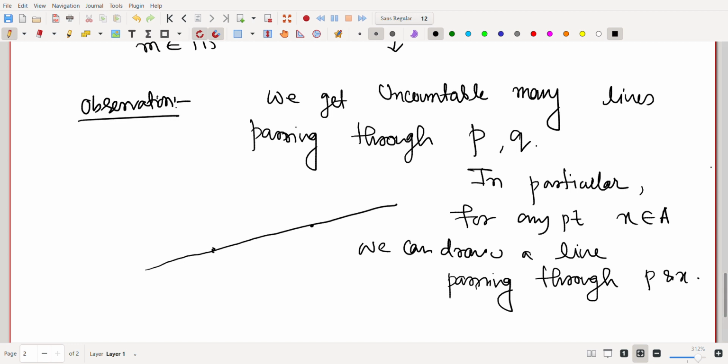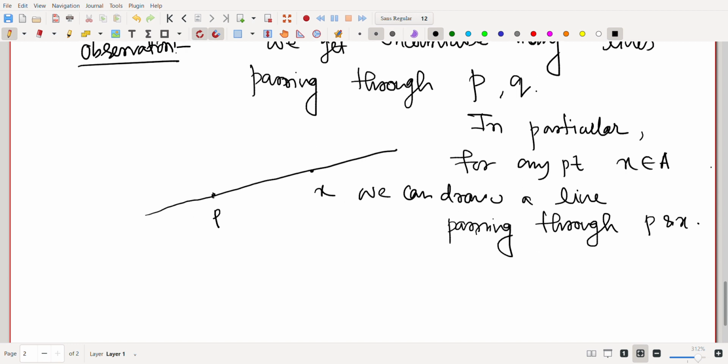So for every x in A, we can get a line passing through P and x. If I fix any x, there is exactly one straight line that passes through P and x.